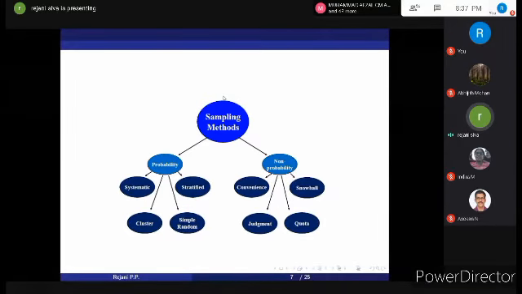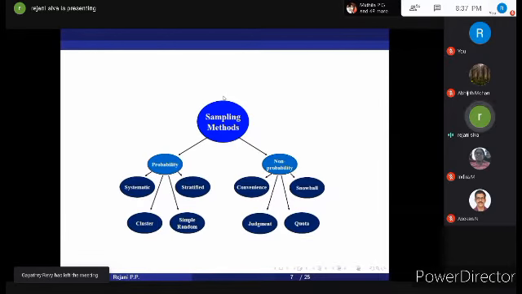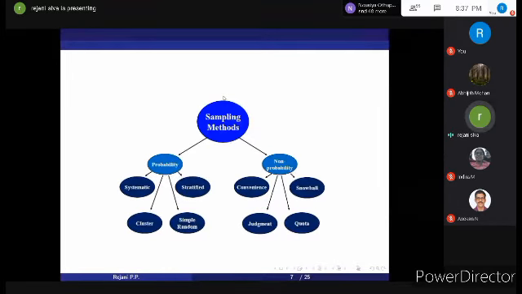And what is the advantage of probability sampling over non-probability sampling? In probability sampling, as I told you, there is some probability assumption for each and every unit of the population, and the errors can be detected in terms of probability and can be eliminated with the application of certain advanced statistical techniques.